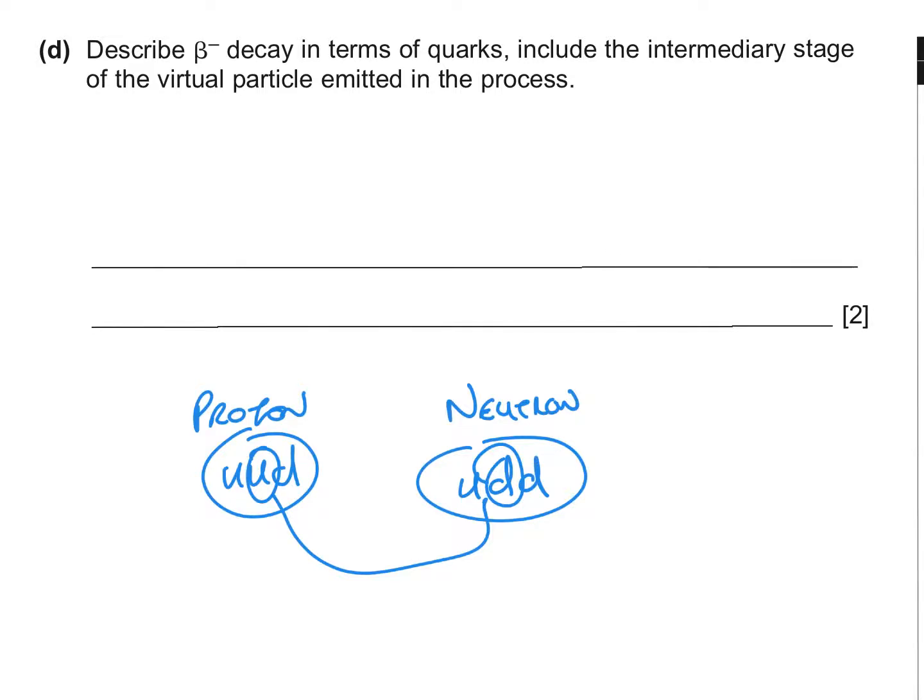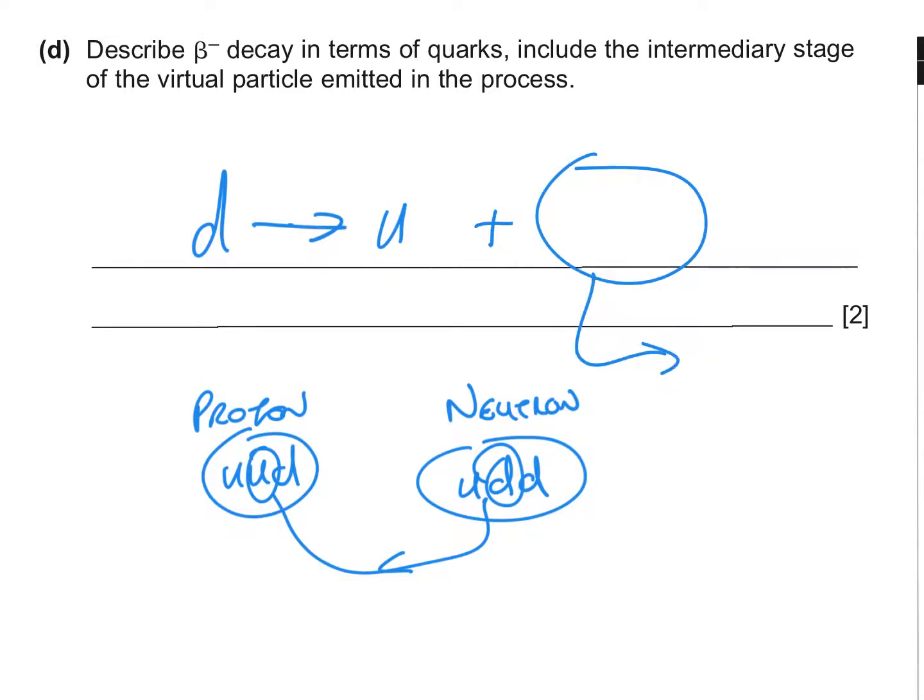So in the kind that we've had described, we've got a neutron turning to a proton, so we're going this way. What we've got is a down quark turning to an up quark, plus something here which then decays itself to the electron and the anti-electron neutrino.